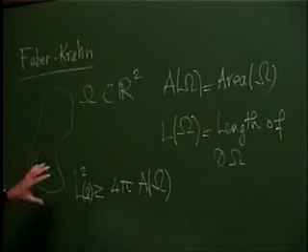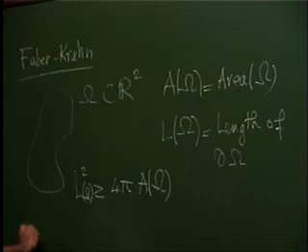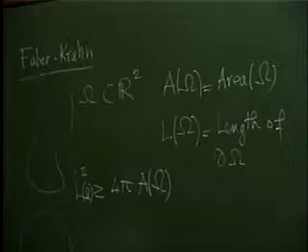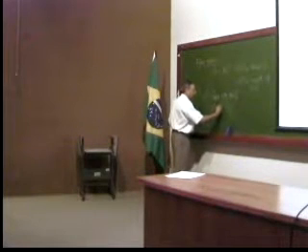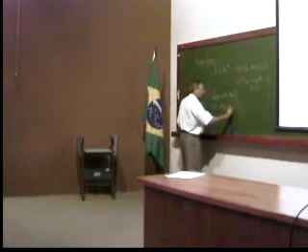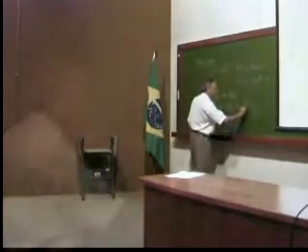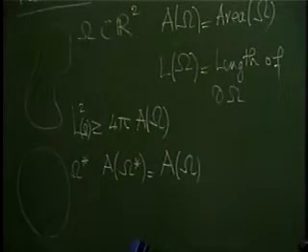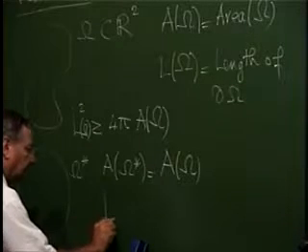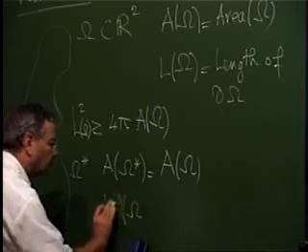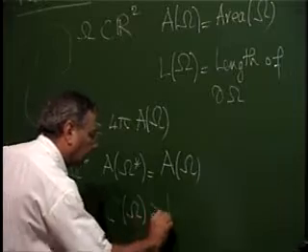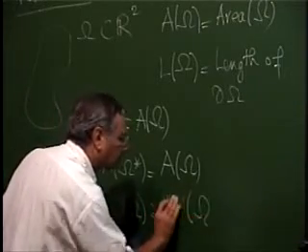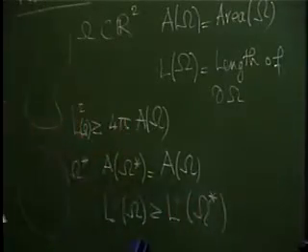There is another way of writing this, by looking at a disk, which I will call omega star. The property is that the area of omega star is the same as the area of omega. And then what the isoperimetric inequality tells you is that the length of the boundary of omega is always bigger than or equal to the length of the boundary of omega star.